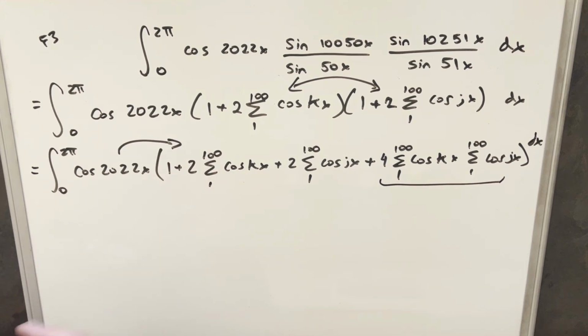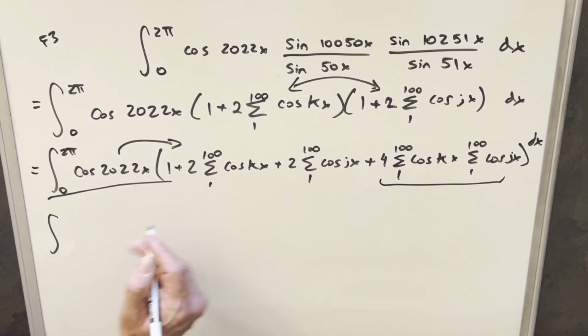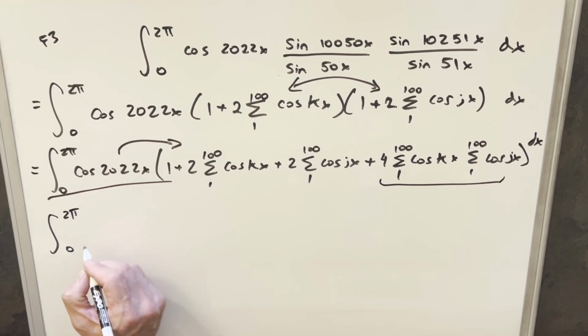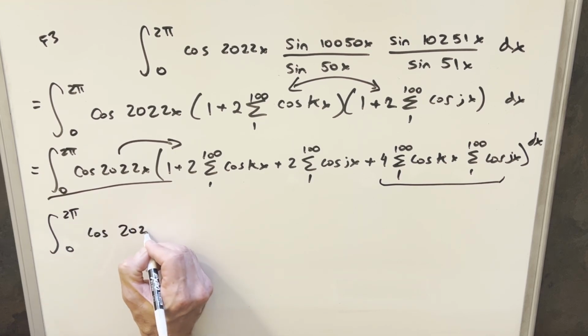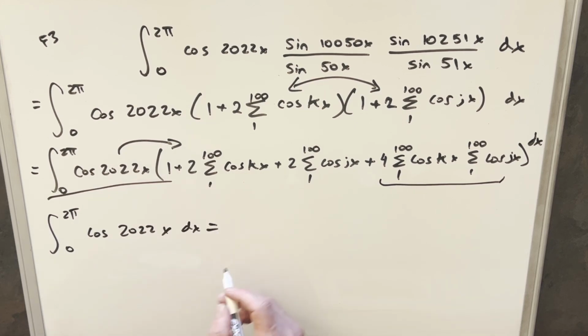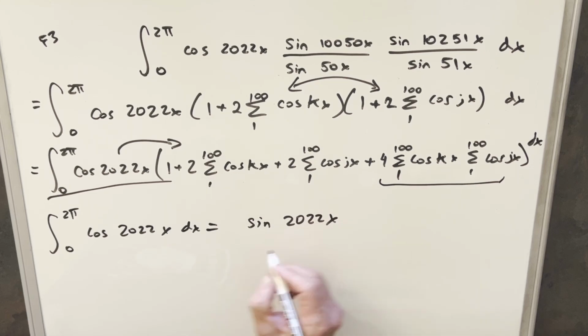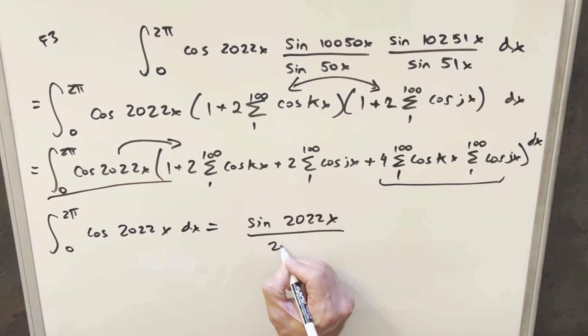So I'll take these one at a time, and I'll start with this first one. Multiplying cosine 22x times 1 is just going to give me the integral of cosine of 22x. That's an integral we can handle pretty quickly. If I integrate this, I'm going to get sine of 2022x, and I just need to divide by 2022.